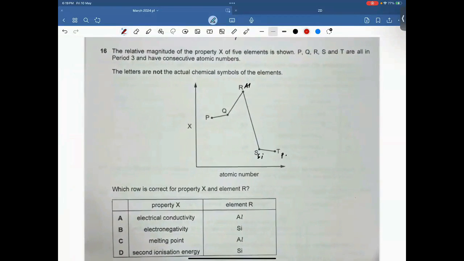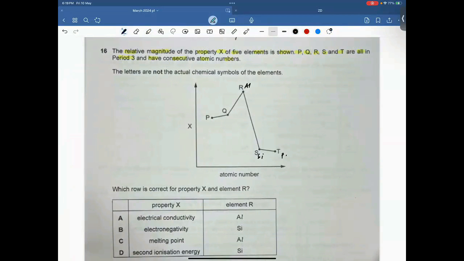Question number 16. The relative magnitude of the property X of 5 elements, P, Q, R, S, and T, in the period 3 with consecutive atomic numbers, is shown. Okay. I don't know which period 3 elements these are, because they haven't given me any atomic number.